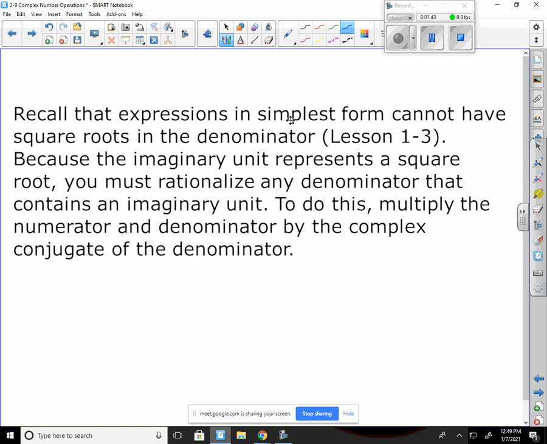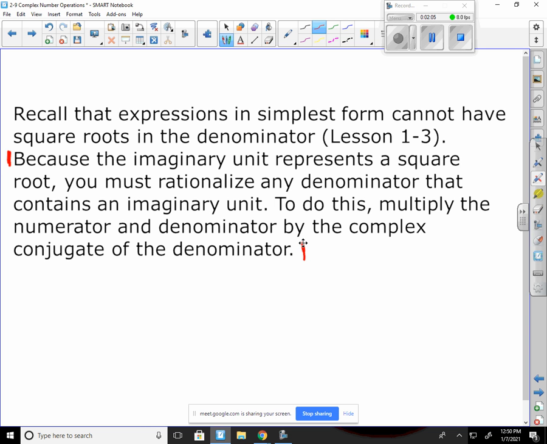We called it expressions. You don't have to write any of this up at the top here. So expressions in simplest form can't have square roots in the denominator.